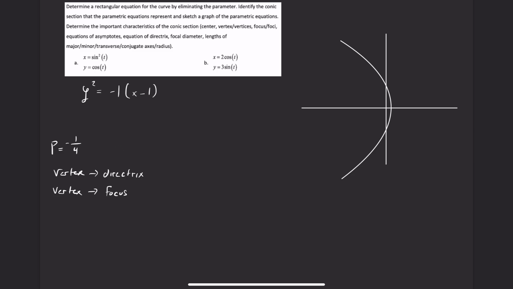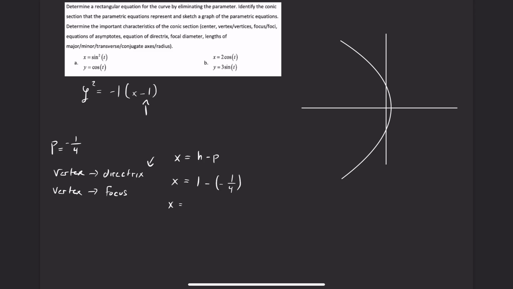And now, the directrix, since we have y squared, we'll use the equation x equals h minus p to find the directrix. So x equals h, which h is +1, because we always flip the sign, minus p. Don't forget to check your signs.